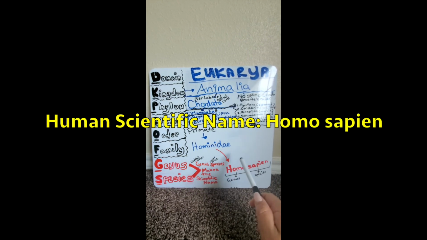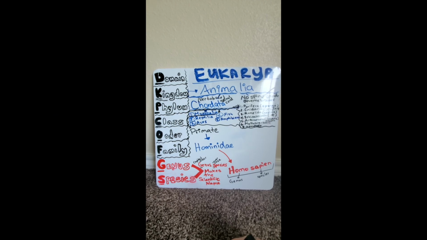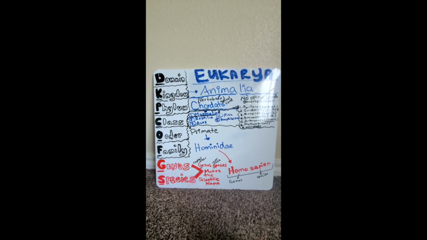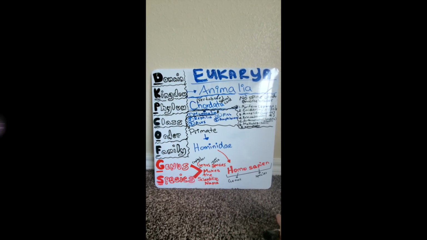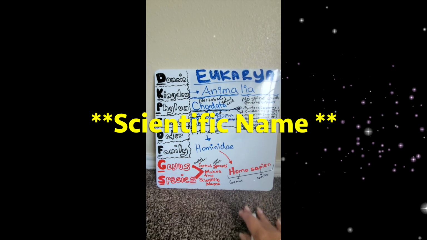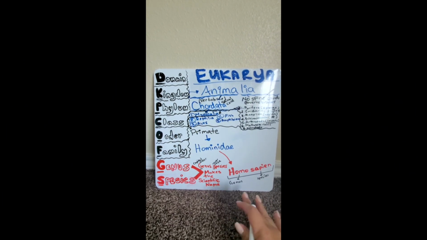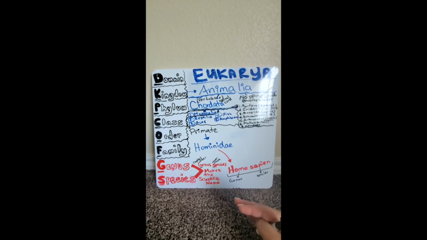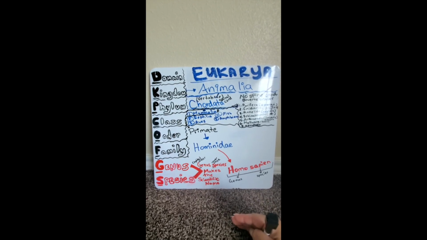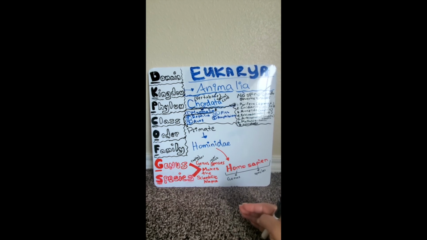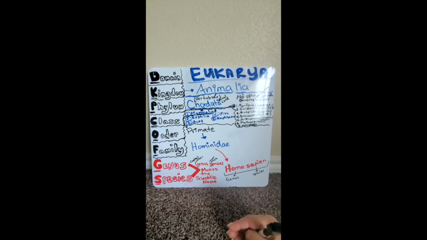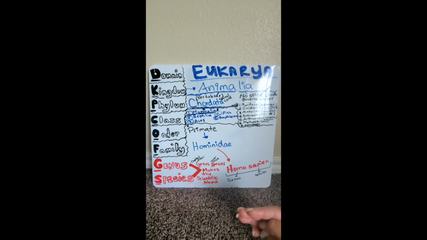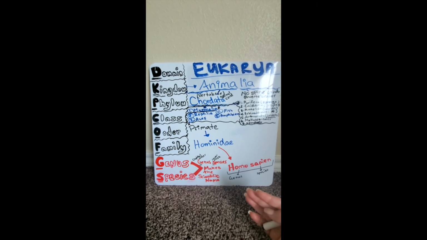So we classify all living organisms in order to be able to have the same or common name for every living thing on Earth around the world. If you say dog here in the United States or anywhere that speaks English, they'll understand you. But if you say perro, they might only understand you if they speak Spanish.